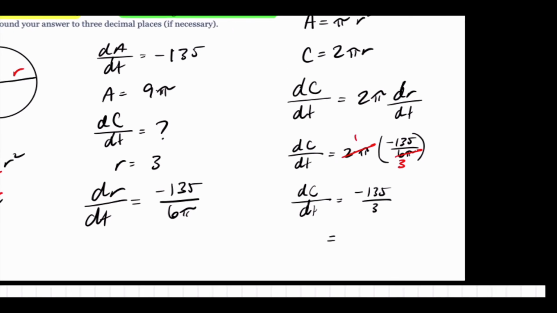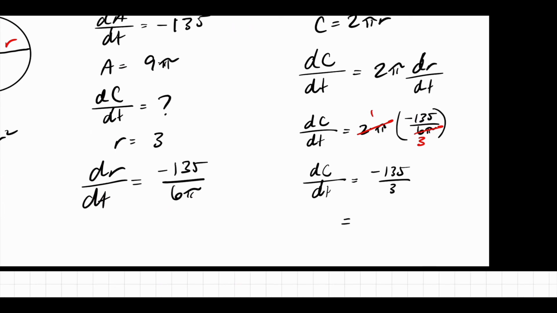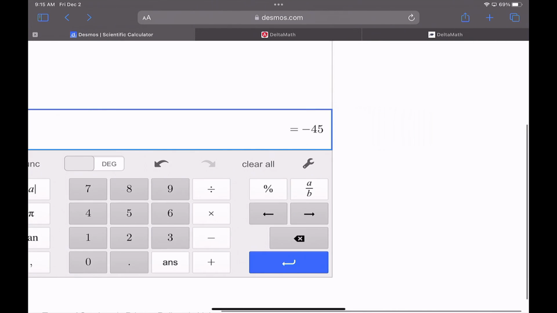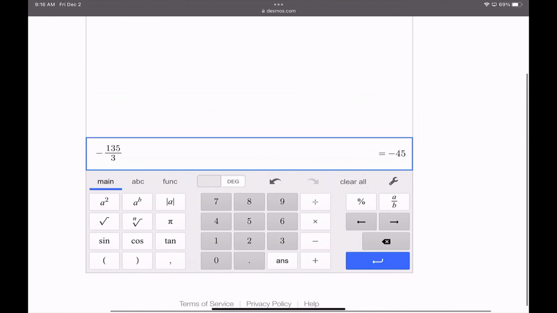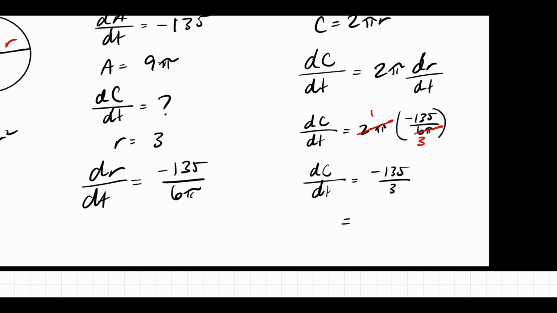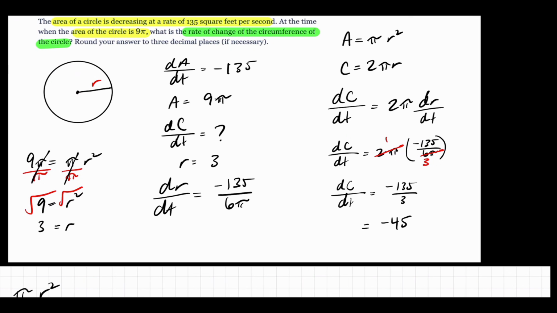And it says round your answer. So we're going to divide it. 135, negative 135. Oh, we don't need to. Negative 45. What units is that going to get?